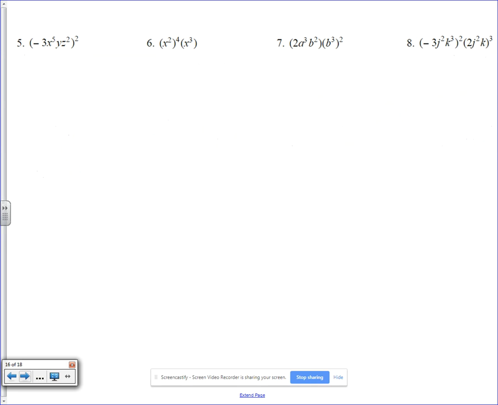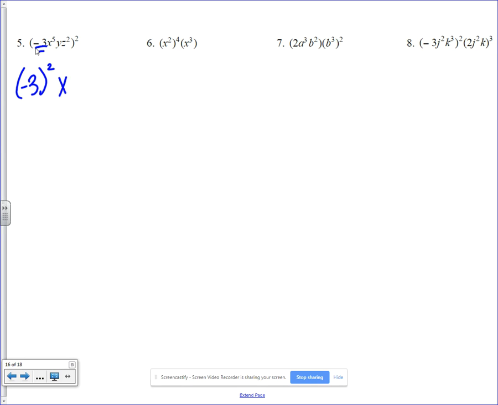Dalton, number 5. Is this a multiplication problem or an outside power problem? Outside power. Do you have a coefficient? What is it? What are we going to do with that coefficient? You're going to raise it up to that second power. Everybody doing okay? Dylan, what are we going to do with the exponents?